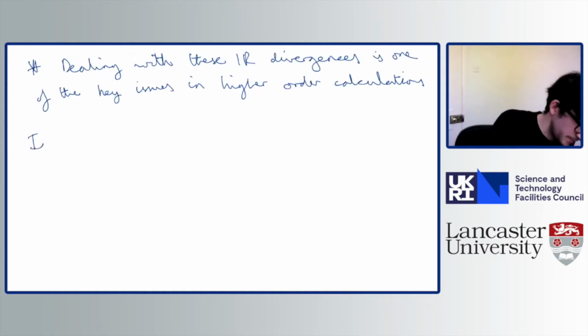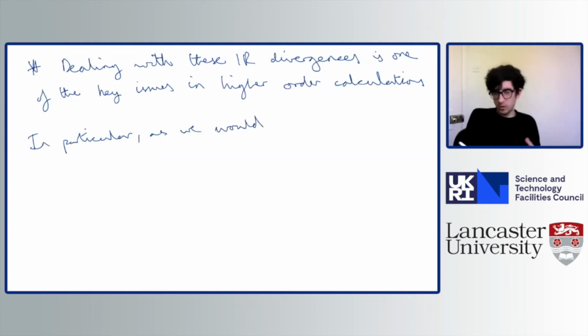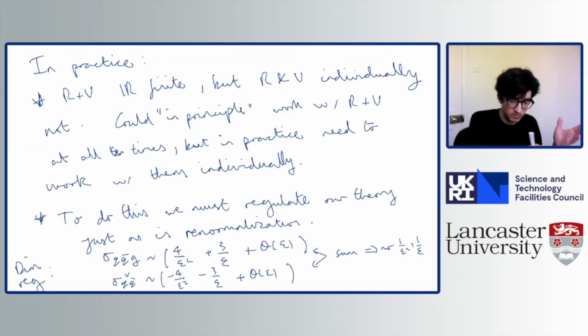So in particular, maybe even just from a practical point of view, if you run a Monte Carlo that works in next to leading order in QCD, and I've just shown you all this stuff about how individually the real and the virtual are blowing up, but okay, if we do it all analytically and in dimensional regularization in the end and you add them all up, everything's finite.